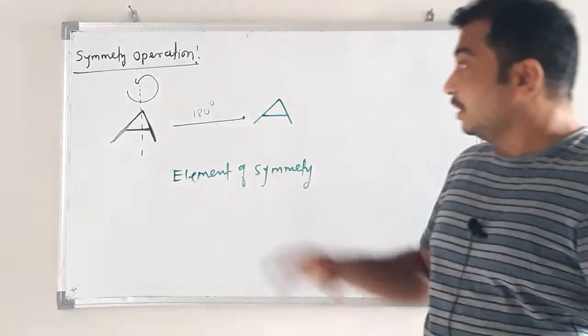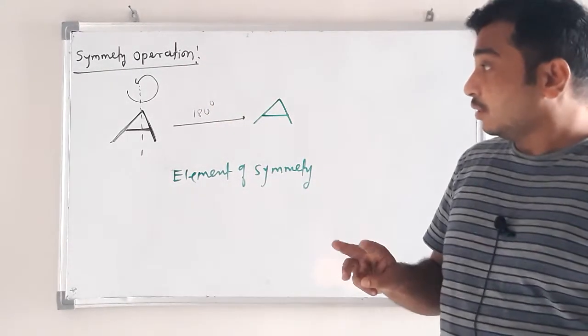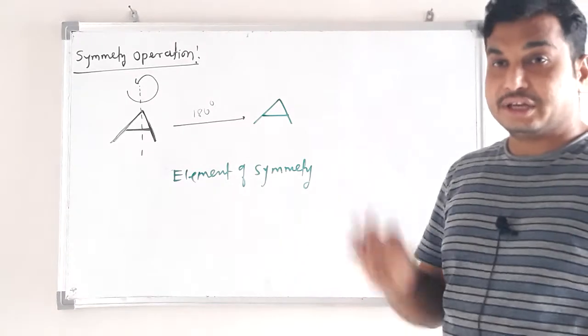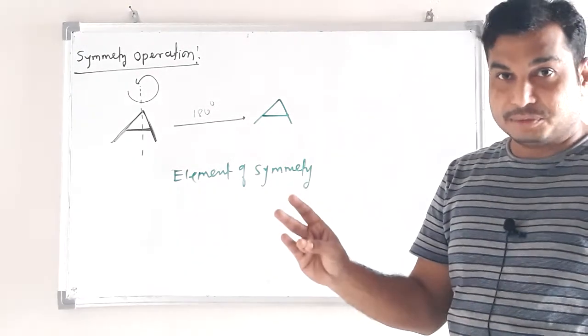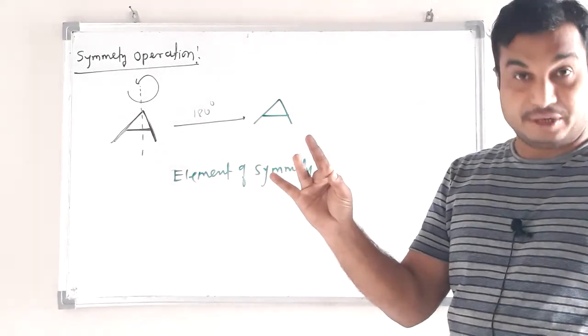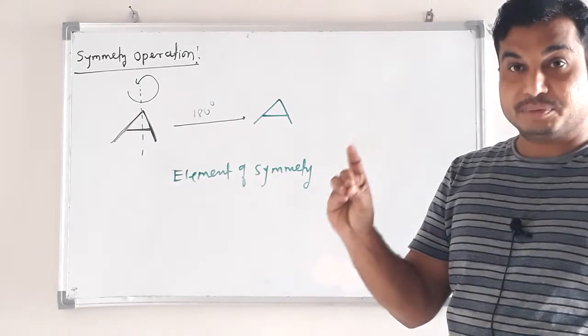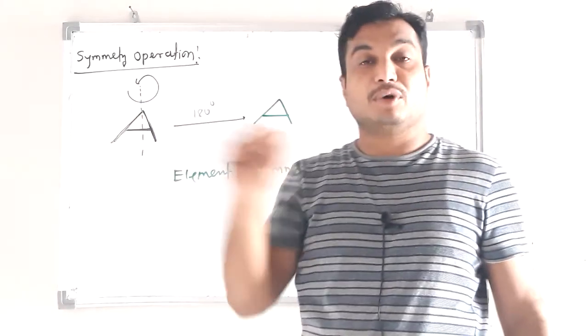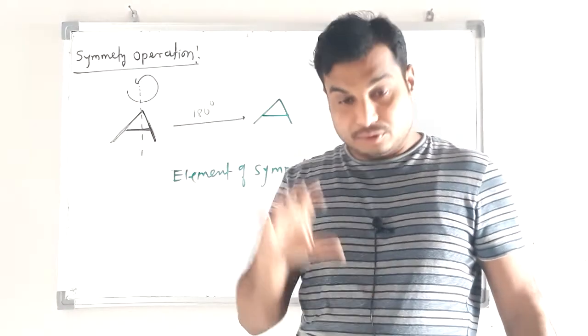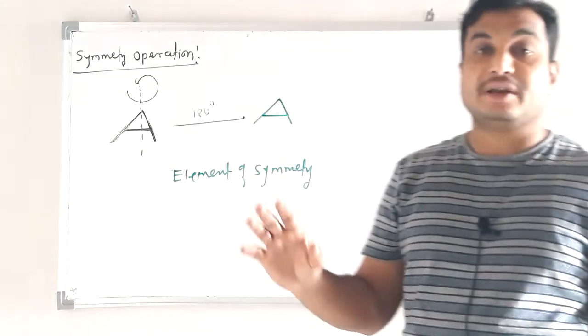That is the meaning of symmetry operation. So we have to study three elements of symmetry: plane of symmetry, center of symmetry, and axis of symmetry. We have to apply these operations to organic molecules and check whether that molecule is symmetric or not.